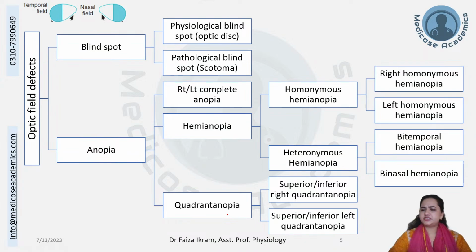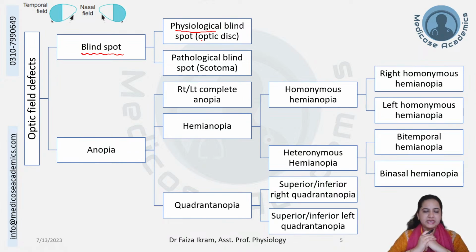Smaller defects. Blind spot. We had seen that in our second session on special senses. One of these is the physiological blind spot, which is found at the level of the optic disc. We all have that physiological blind spot, but the physiological blind spot of one eye is covered by the other eye, so we do not feel it, but you can find out where your actual blind spot is by certain tests.